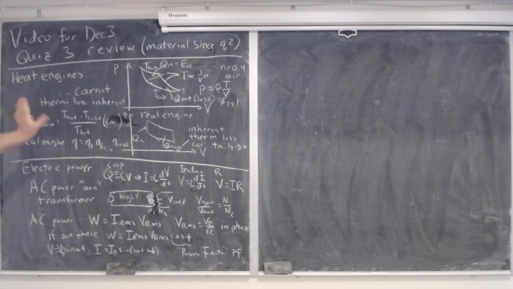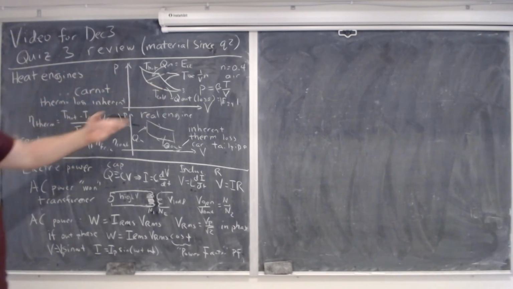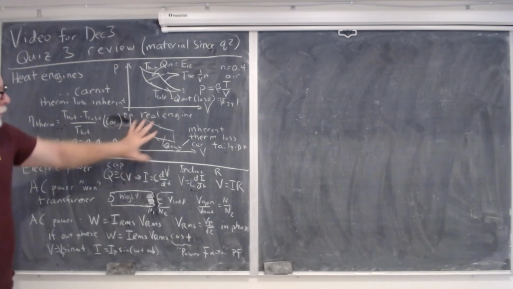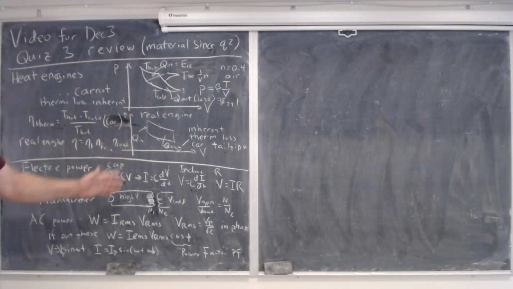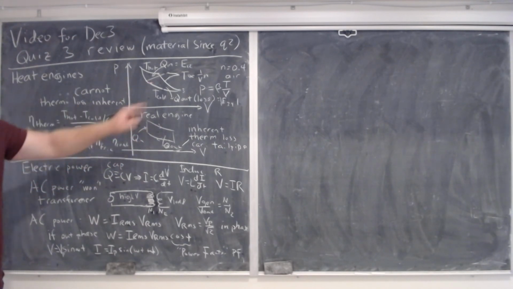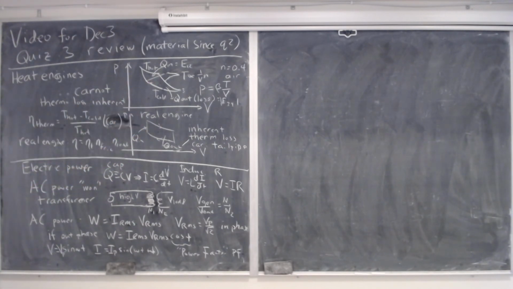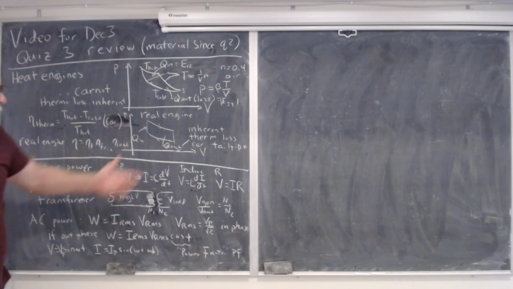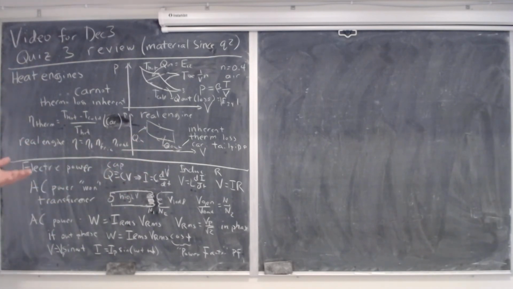So far, from quiz 2, heat engines, we learned the Carnot engine. We learned how to calculate a thermodynamic cycle. We learned that the efficiency of a Carnot is T hot minus T cold over T hot. We learned that real engines have some kind of PV diagram where the area in the curve is our net work per cycle, and that both have some sort of input heat and output heat that's inherent, and that's our thermodynamic loss.